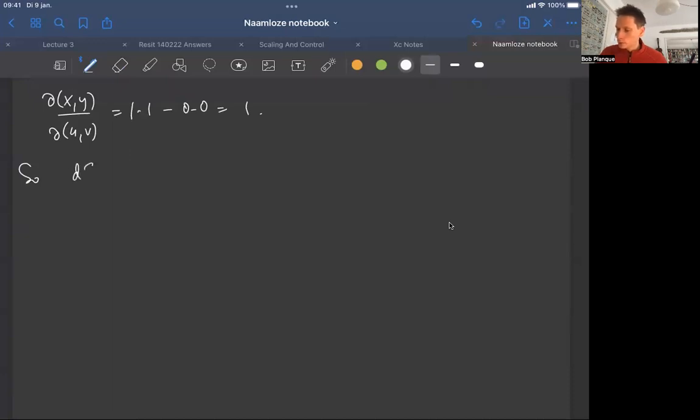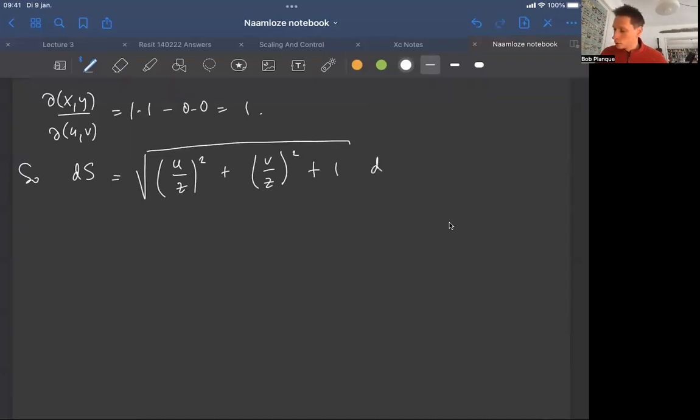And so I can compute this element dS. And it equals the first of these squared plus the second of these squared plus the third squared, du dv. All right.